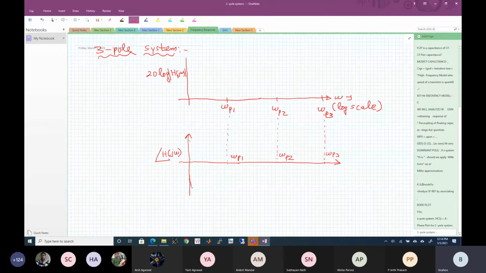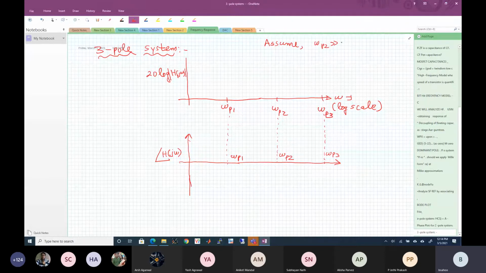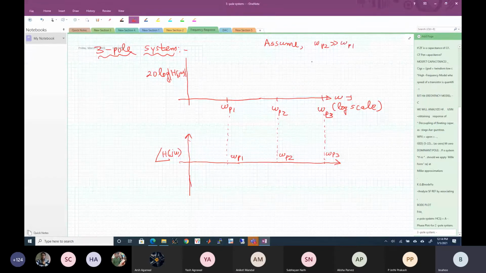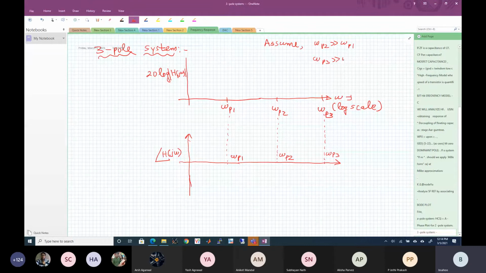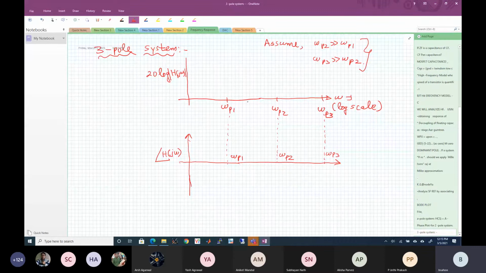Now the assumption, again, is omega p2 much greater than omega p1, and omega p3 much greater than omega p2. This is done for our class sake, so that it is easier to draw the plots. So here it will be A, the DC gain. Now you understand why it is called the DC gain.